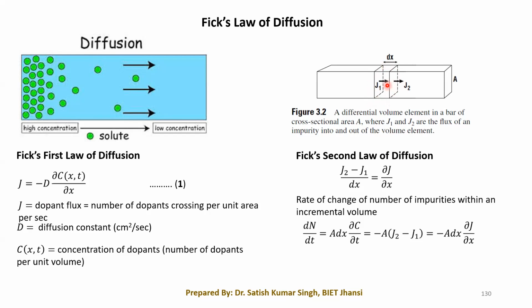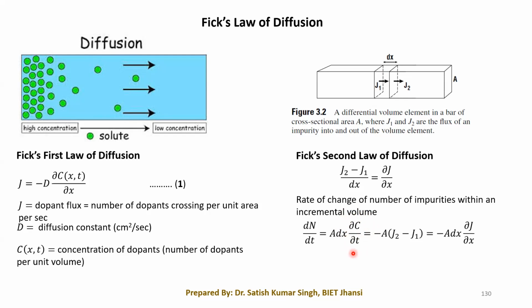So the change in the concentration multiplied with the volume will give you the number of dopants which is changing per unit time. Fine. So try to convince yourself. To calculate the rate of change of the number of impurities within the incremental volume, dn/dt, we have to multiply the volume with the rate of change of the concentration.